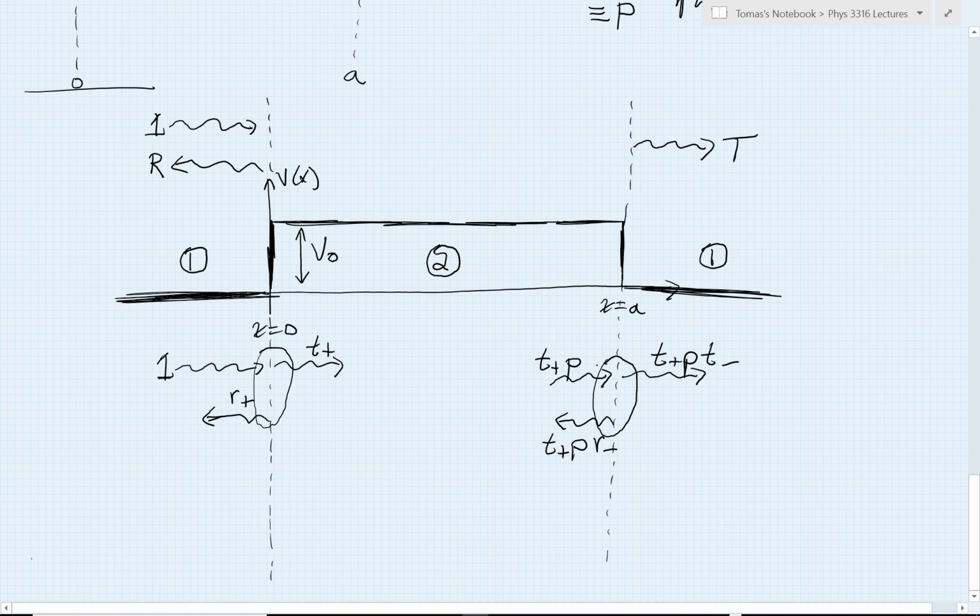But yet again, I'm not quite done, because even though these terms are in balance, these terms were in balance when there was no backward wave in region 2. But I now have a backward wave in region 2, which disturbs the balance of the boundary condition on this side.